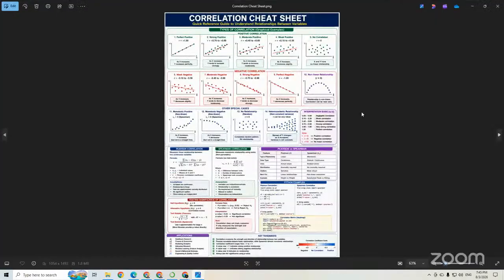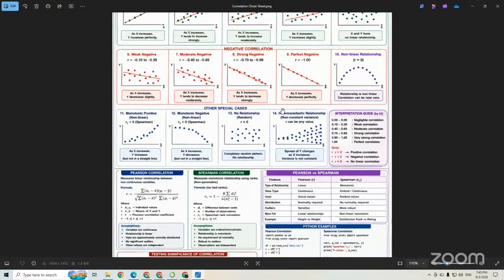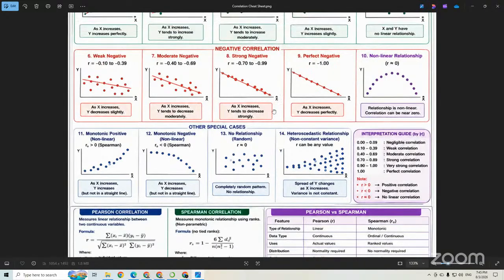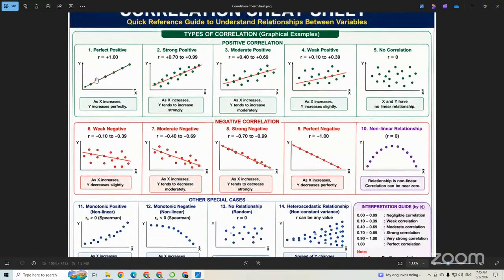Here in this file, we have some more detail about correlation, starting with positive correlation. You can see this is a straight line inclined at 45 degrees, and the value of r will be equal to 1. Then we have strong positive correlation when the value lies between 0.7 and 0.9 approximately, as you can see in the second graph.